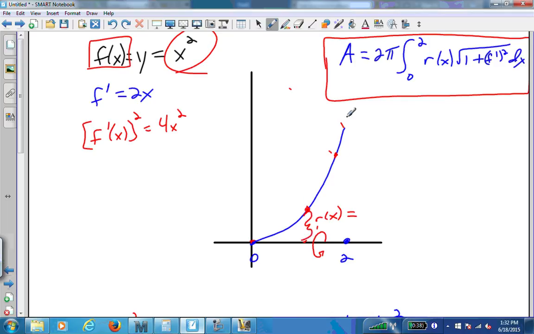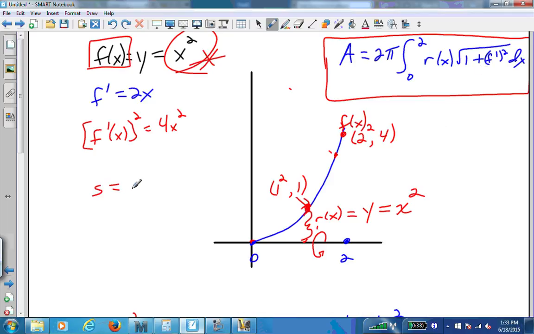Well, that's whatever the y value is on this curve. But on this curve, the y value in terms of x is the x value squared. So for example, the y value here is 1, but in terms of x it's 1 squared. The y value here is 4, but in terms of x it's 2 squared, so it's the x value squared, just using that function.